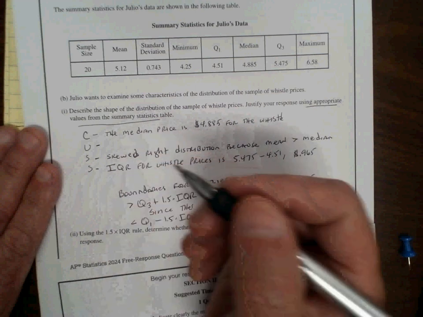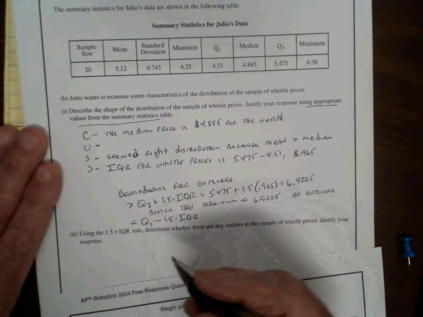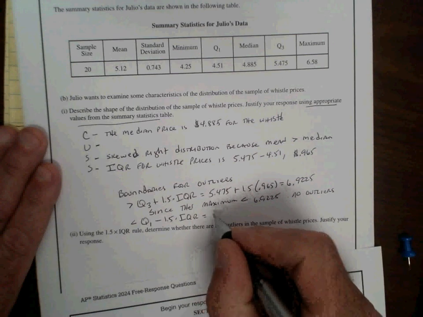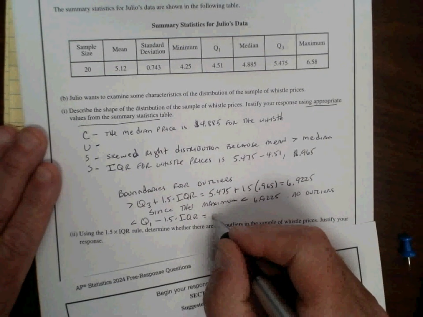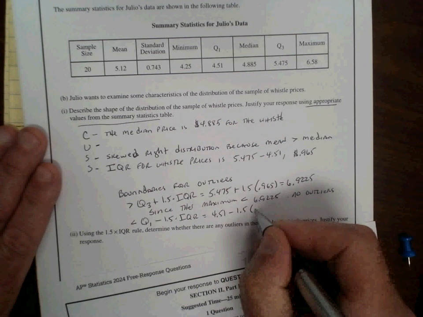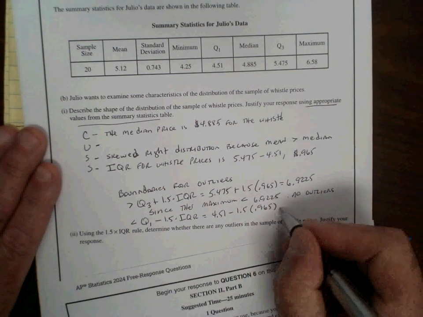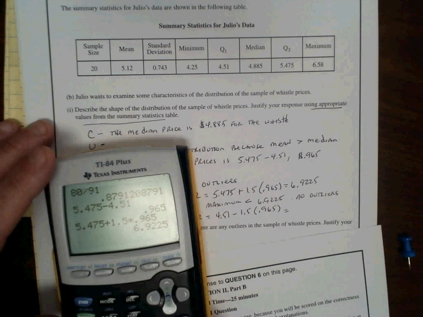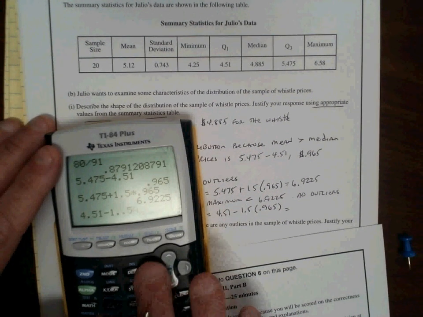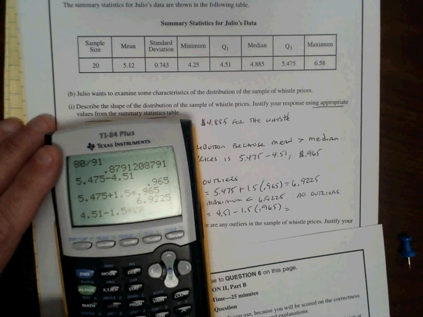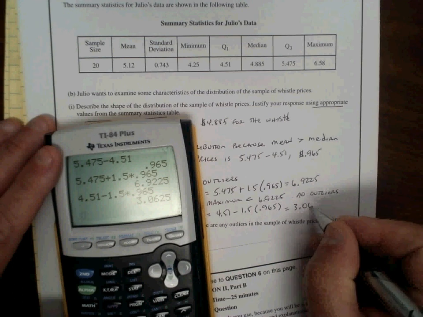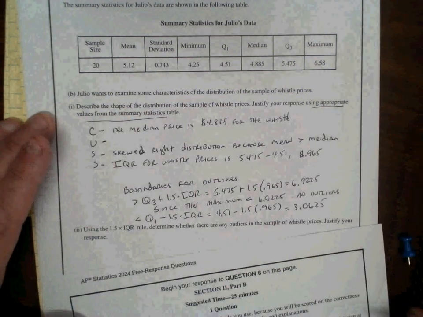So we'll just go ahead and put all that down here. We may as well do it now. This equals Q1, which is 4.51, minus 1.5 times 0.965. That's 3.0625.